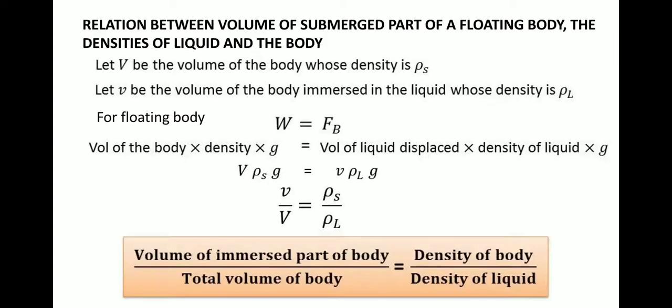Thus ice will float, but since it is 0.9 according to our previous value, the volume of the immersed part, that is 0.9 out of 1, will give us the density. The density 0.9 out of 1 will give us the volume of the immersed part, that will be 9 out of 10.